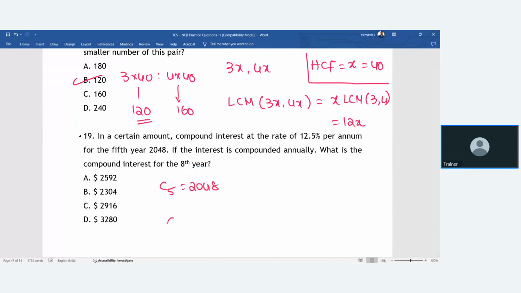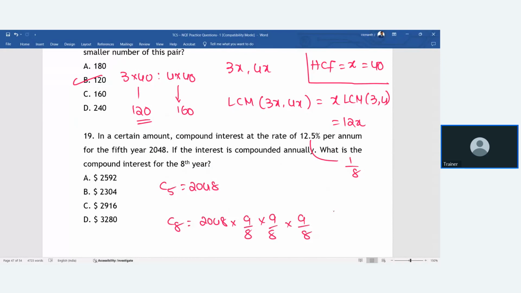If you want the 8th year, 12.5% means actually 1 by 8, so multiply by 9 by 8 for the 6th, 7th, 8th. If you want the 8th, this is what I have to do. So 2048 into 729 because of 9 cubed, divided by 512, which will give 2916.